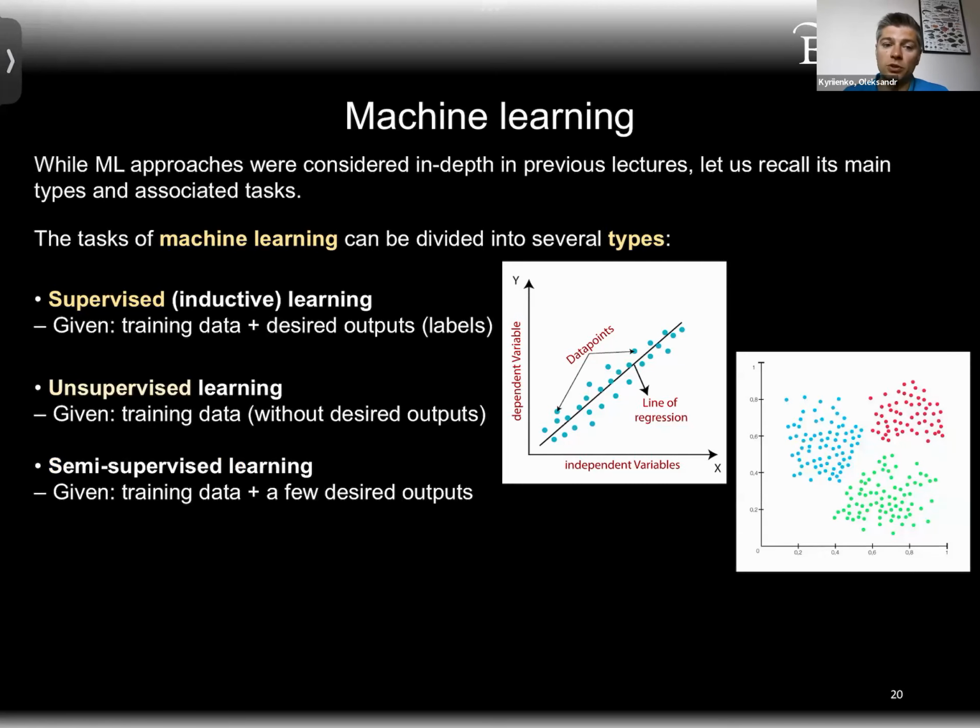Beyond supervised learning, you also have unsupervised learning. For instance, you are given a training data, so just data points with variables x1, x2, but you don't know the labels, so you don't have desired outputs.